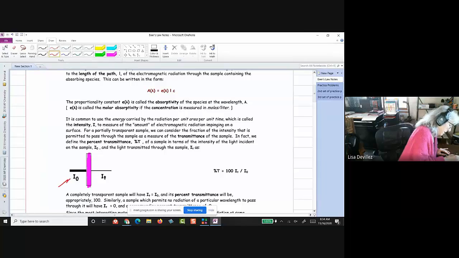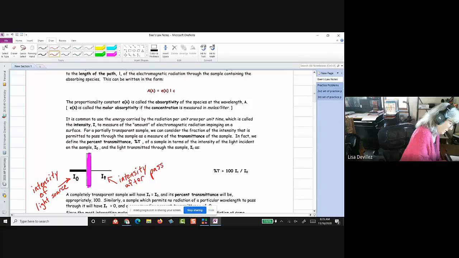This is the intensity of the light source. And then it measures the intensity after passing through the solution.